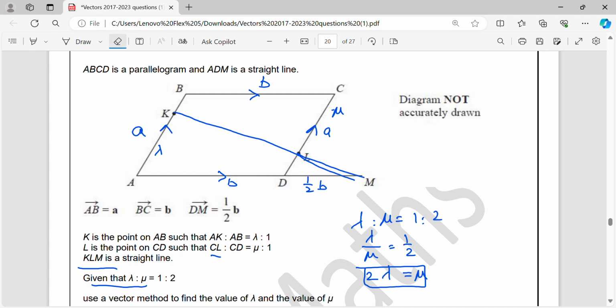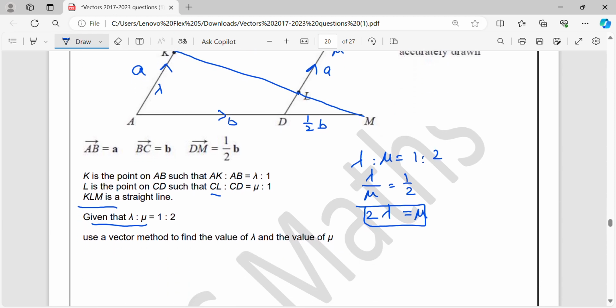Because it's a straight line, KM is parallel to LM.